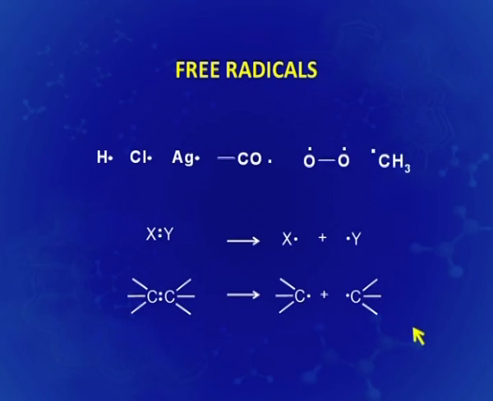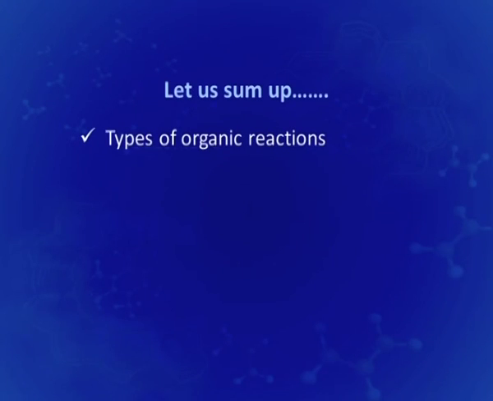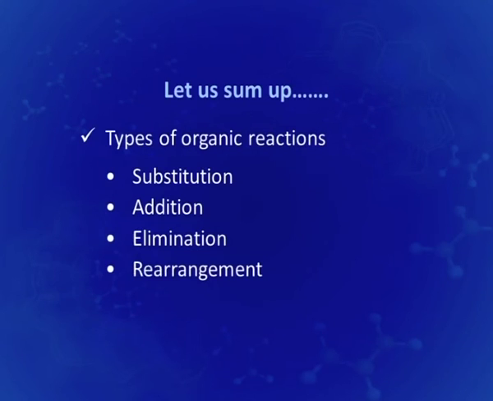So, in this particular episode of the lecture series on organic reactions, we talked about the types of reactions which organic molecules undergo, wherein we covered the substitution, addition, elimination, rearrangement, oxidation and reduction reactions. After that, we talked about very important species which are involved in the study of reaction mechanisms of organic reactions.